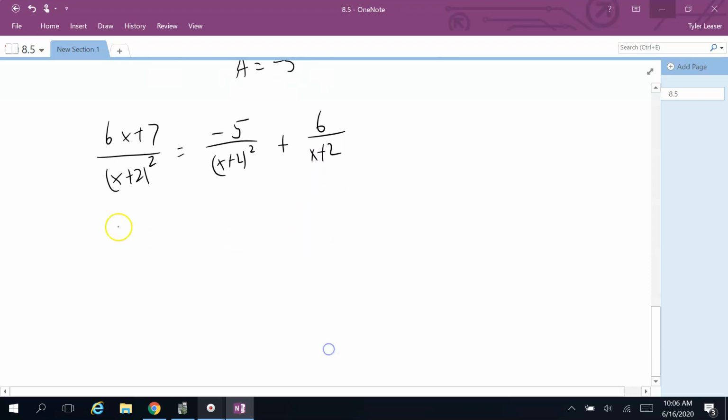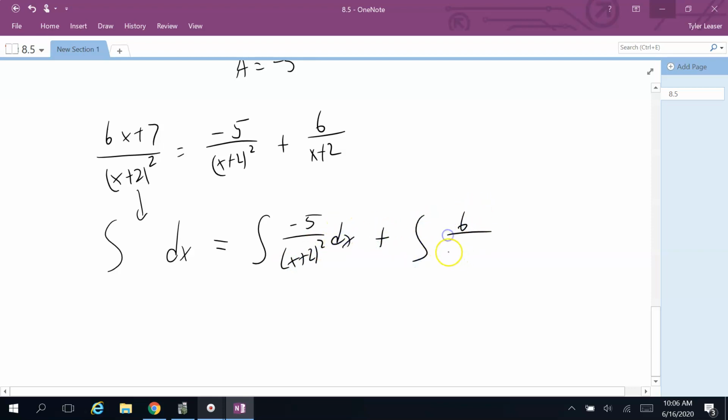All right, and then don't forget the whole point was that we were trying to do the integral of this. Right, so we were integrating over this complicated fraction. Instead, we're going to integrate over -5 over x plus 2 all squared dx plus the integral of 6 over x plus 2 dx.